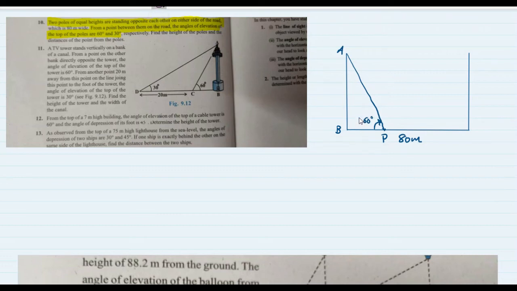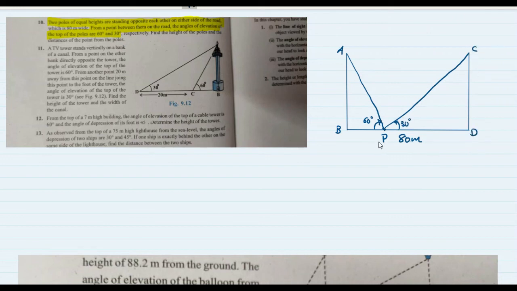So the angle of elevation of one of the towers is 60 degree, and the angle of elevation of the other tower is 30 degree. This one is 30 degree. Let's say this is CD.